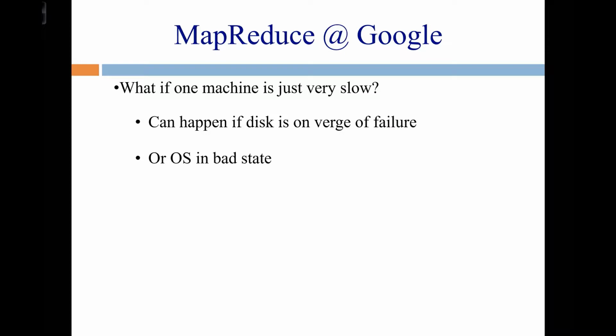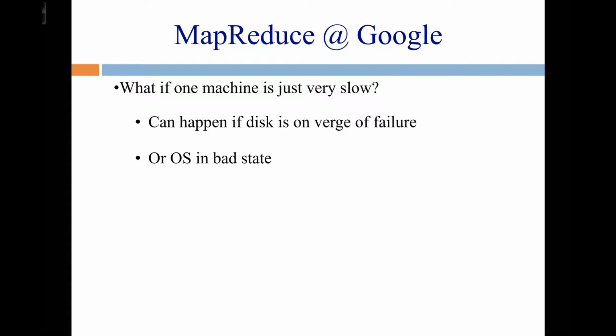And finally, even if you do successfully split up the work into roughly equal-sized chunks, you can still have one machine that's particularly slow, like if its hardware is almost failing and you have to retry disk reads a bunch of times, or if the OS is in some bad state, like with a bunch of fragmentation.